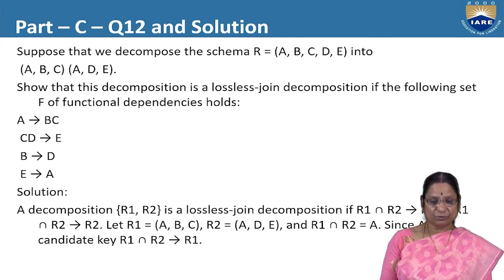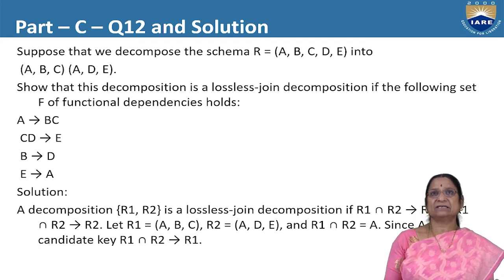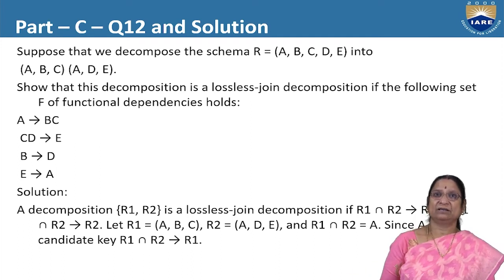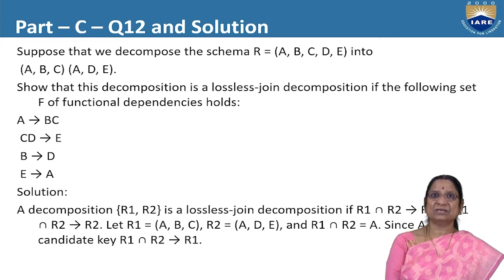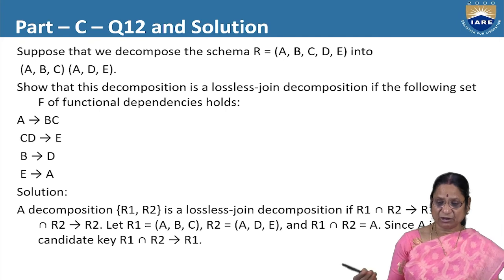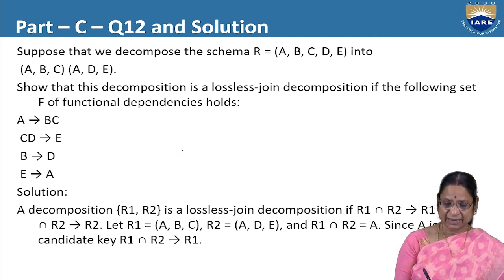Coming to the next question, question number 12 in the question bank. Suppose that we decompose the schema R of A, B, C, D, E into two subrelations. Show that this decomposition is a lossless join decomposition if the following set of functional dependencies holds. So how are we decomposing?